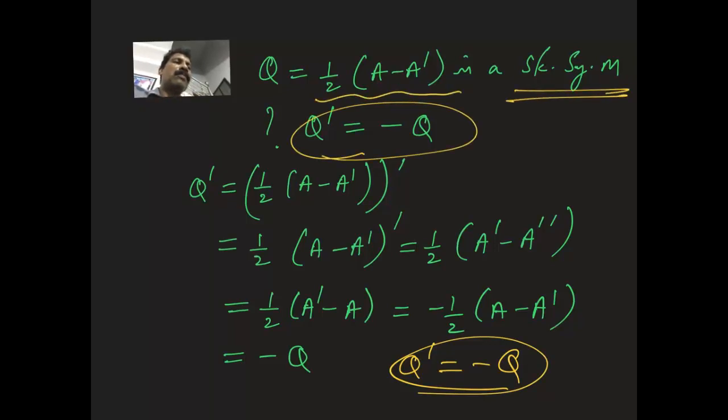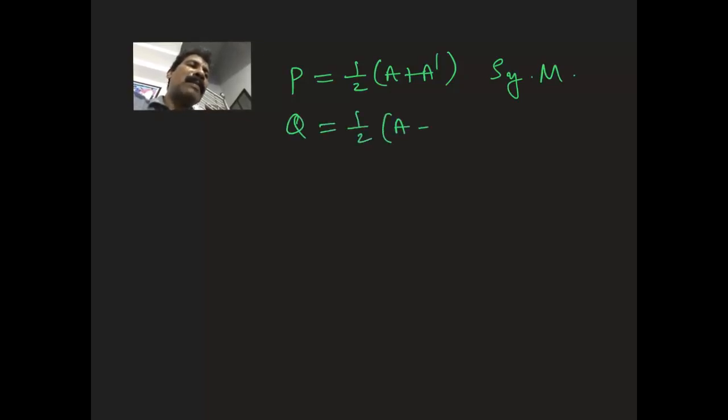Thus, we could prove that capital P, the matrix half A plus A dash, is a symmetric matrix, and capital Q, half A minus A dash, is a skew symmetric matrix.